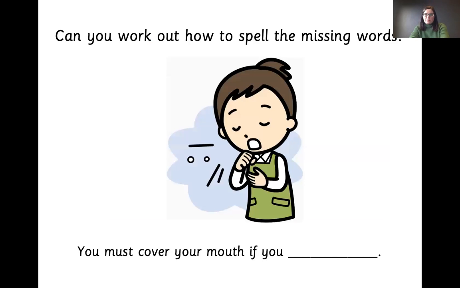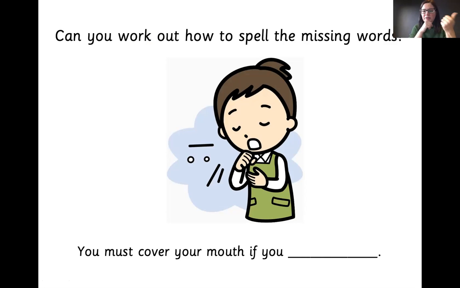Okay, so here it says, can you work out how to spell the missing words? You must cover your mouth if you, what's she doing? Cough. So it's going to be a k sound.